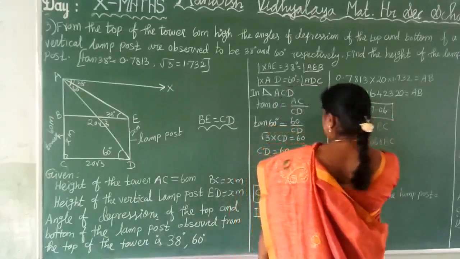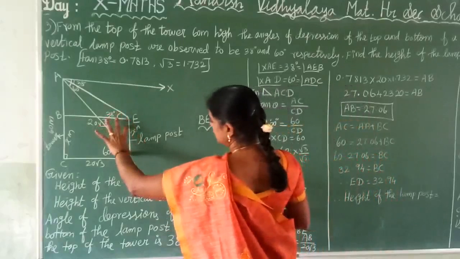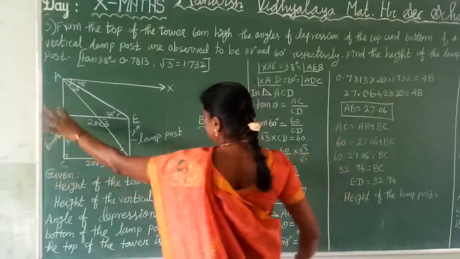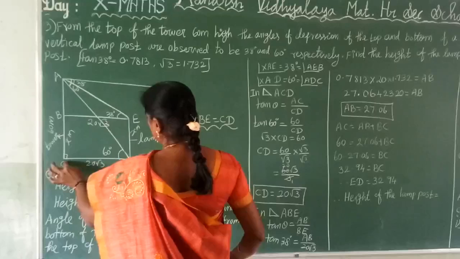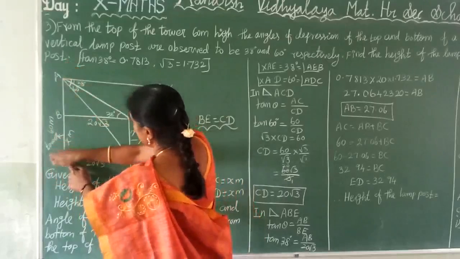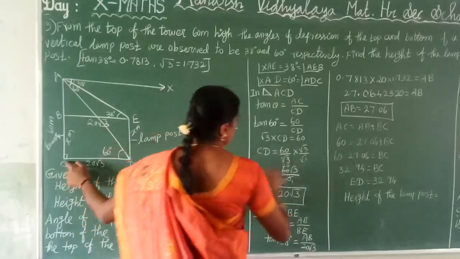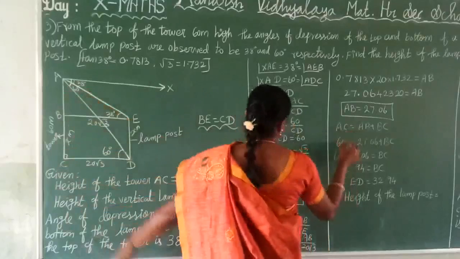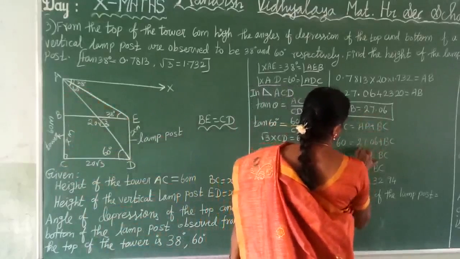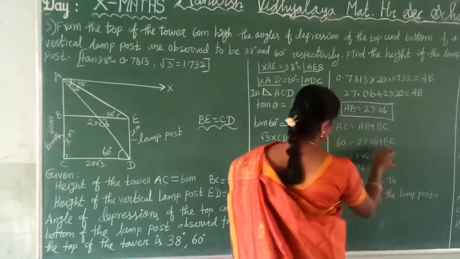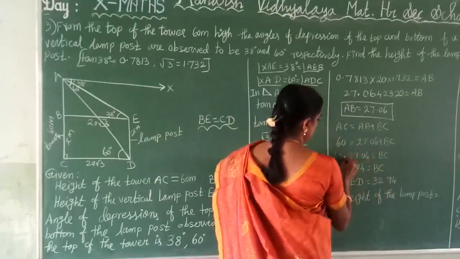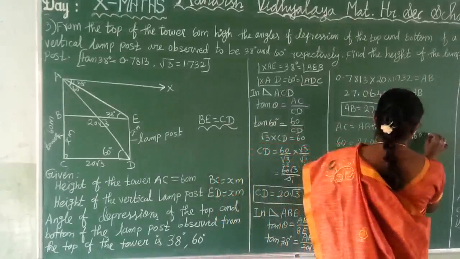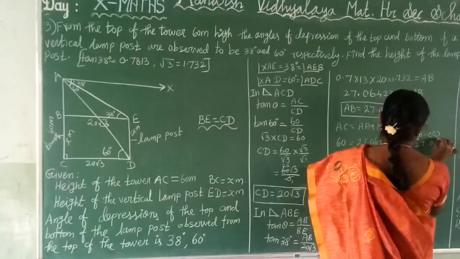But which value do we need? Height of the lamp post ED is equal to BC, but we know AB only. But AC we know is 60. This AC can be written as AB plus BC. So AC answer 60 is equal to AB 27.06 plus BC. The 27.06 comes to this side as minus 27.06. Simplify 60 minus 27.06.